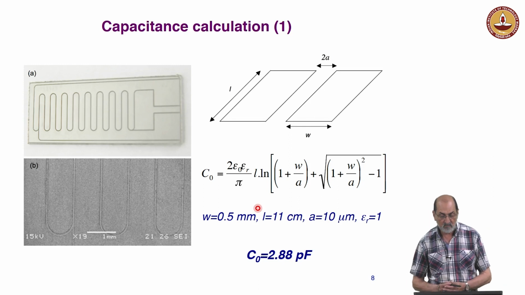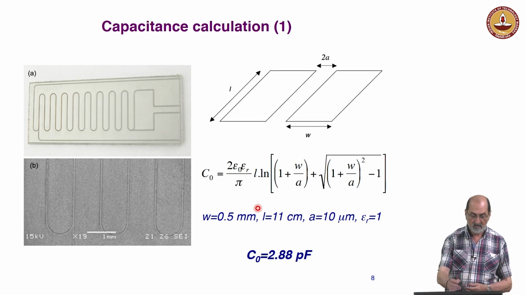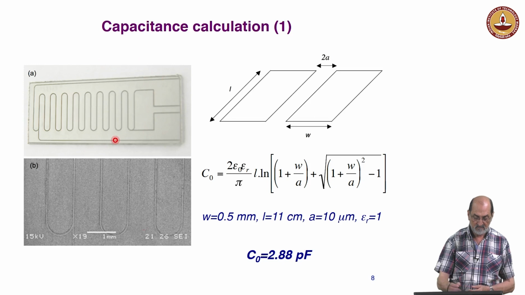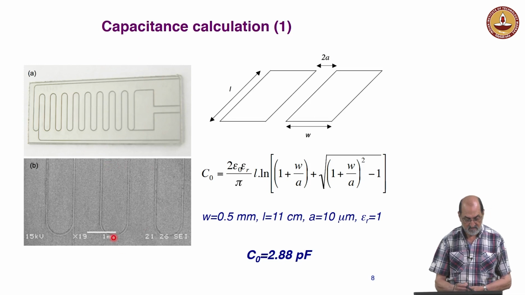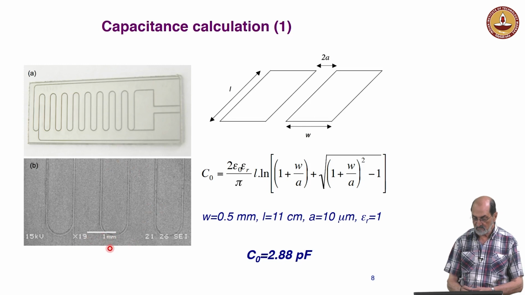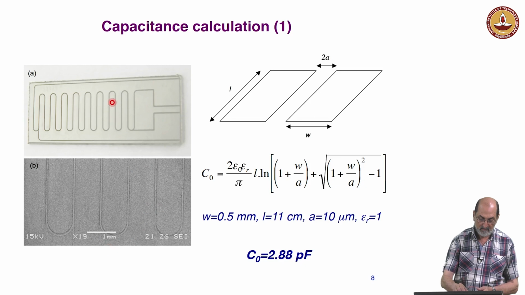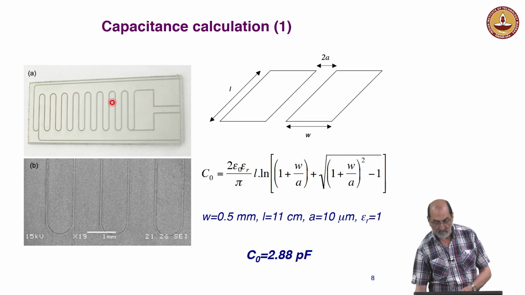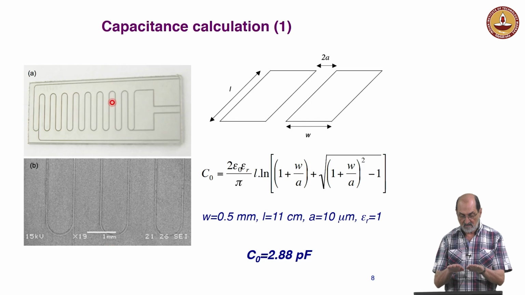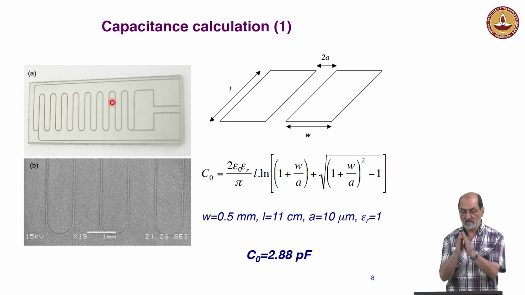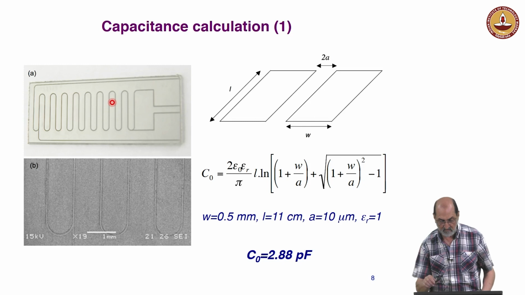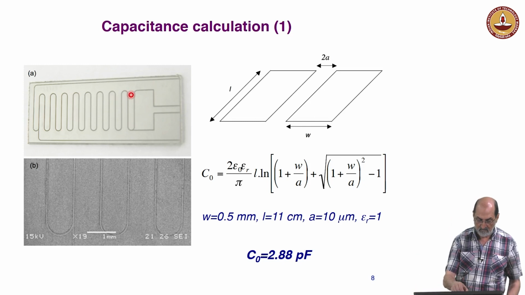So we made some calculations. Here we have the substrate. This is the detail of the substrate. See that the distance here is about 1 millimeter. Even though we have something complicated here, we can think that we have two plates, not like this, but like this, as shown here: one metallic, the other metallic, separated.